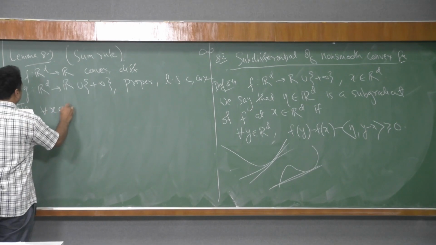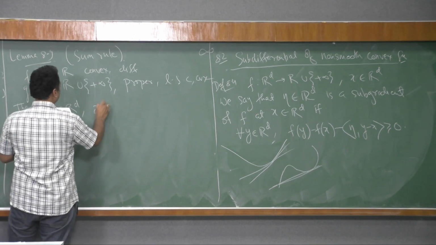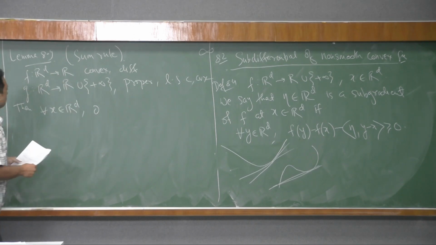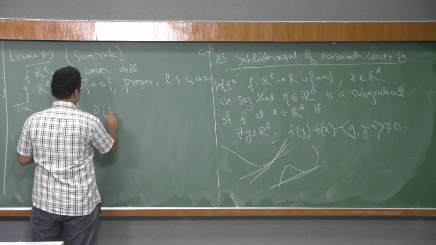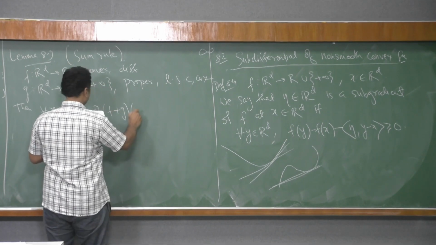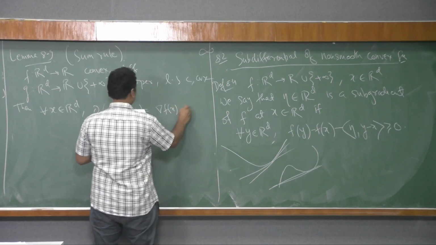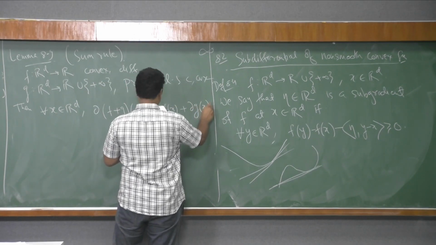For all x in R^d, basically this result is the sum rule: the subdifferential of f plus g at x equals del f(x) plus del g(x). Some of you will recognize that we have done this before.